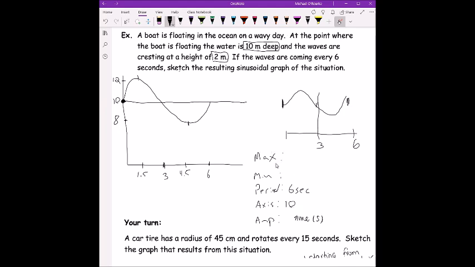What's my max? What's the highest I get? What's my max number? 12. And what's my min number? 8. And what's my amplitude? Well, how far from the axis to the top? Axis to the bottom? 2. Probably 2. Right?